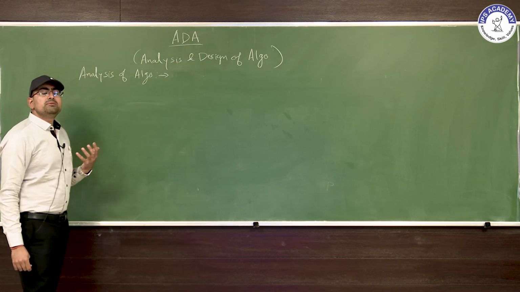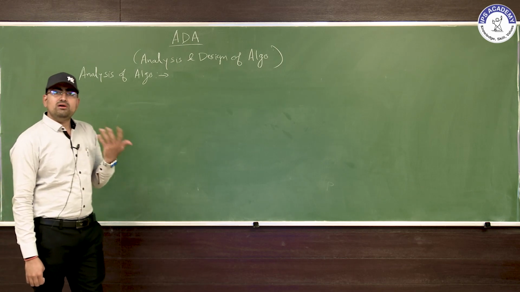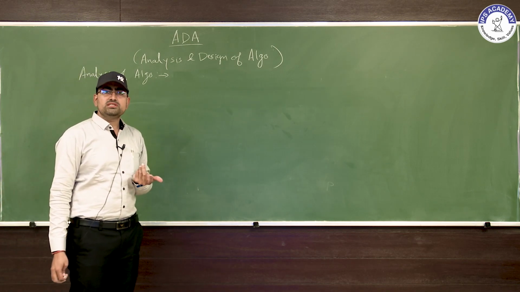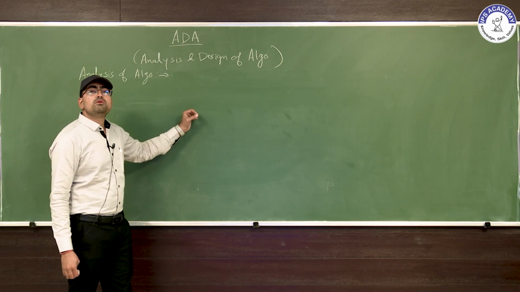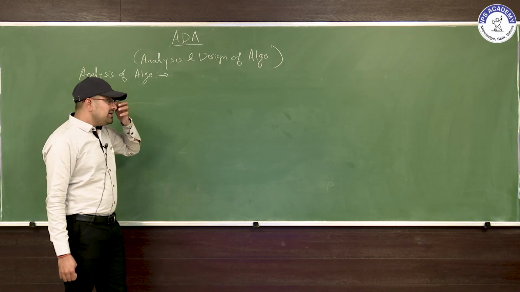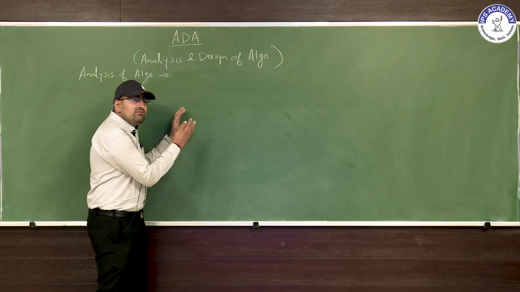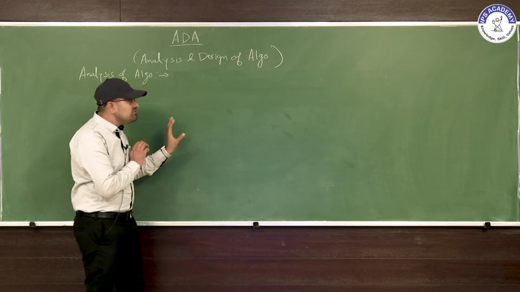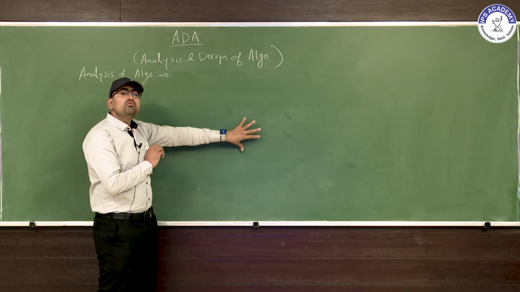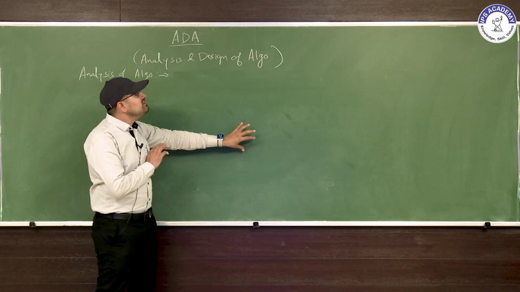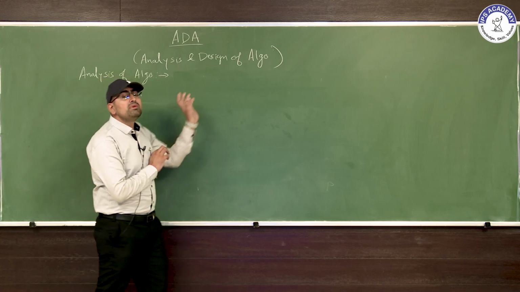As in all languages we have predefined functions, here we also have some predefined categories of complexity, and by looking at that category, we can say the algorithm belonging to a particular category would be more complex than the algorithm belonging to another category.